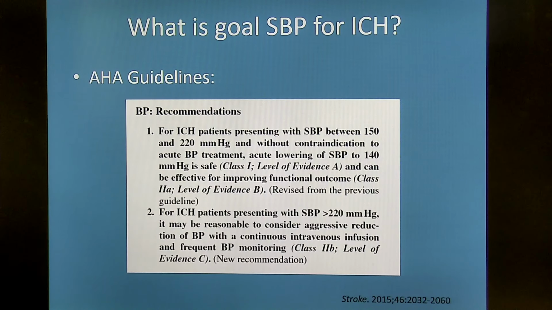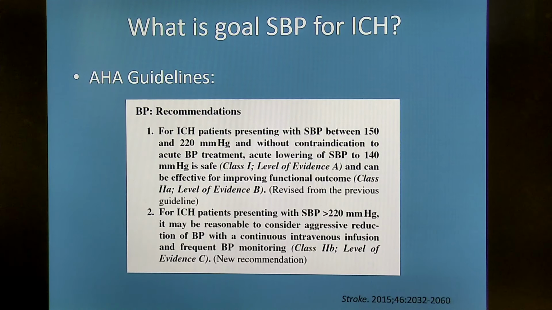When one has an intracerebral hemorrhage, what should the ideal blood pressure goal be? Here are guidelines from the American Heart Association, published in Stroke in 2015. You can see they say it is safe to lower blood pressure to 140 millimeters of mercury systolic.